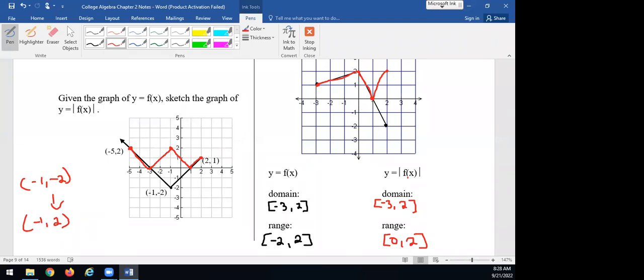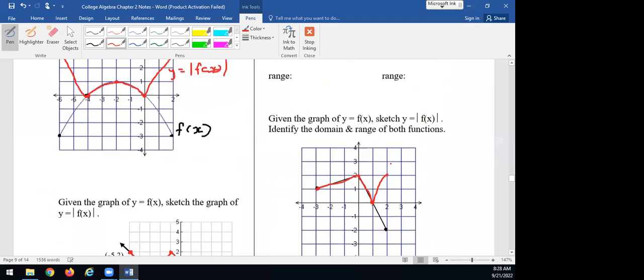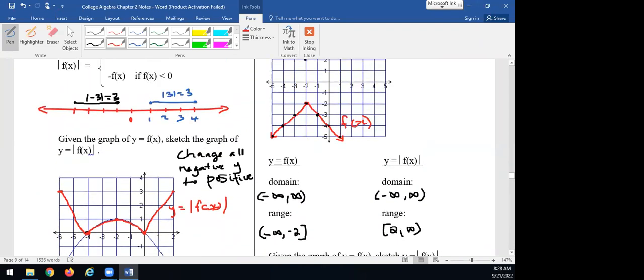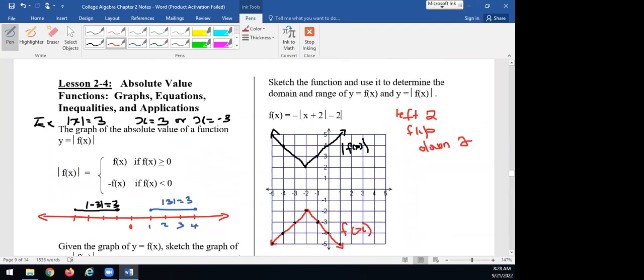So when you're given that, you have to graph it on your own. In a case like this, because they didn't give us the original, you'd have to graph that on your own and then graph the absolute value as well to get the domain and the range. I mean, you can get the domain and the range without graphing, but it takes more algebra.